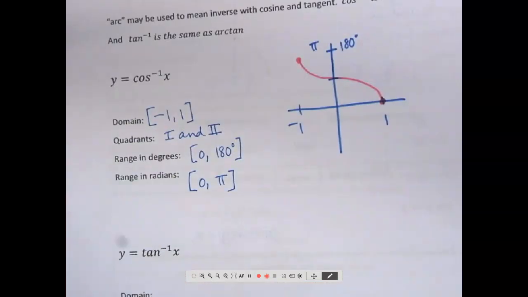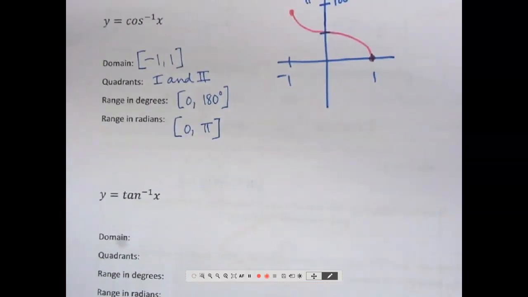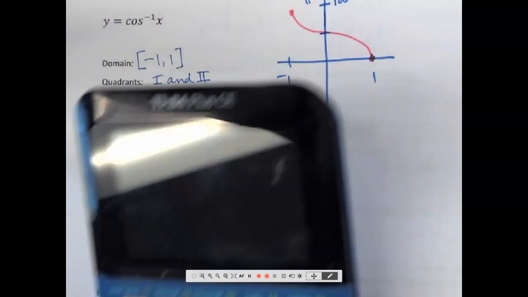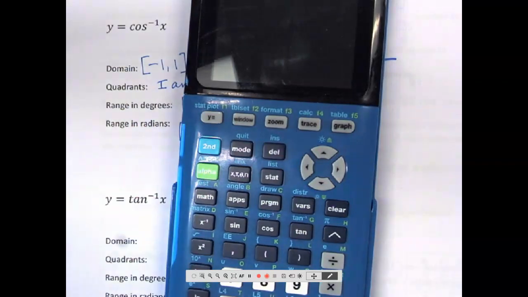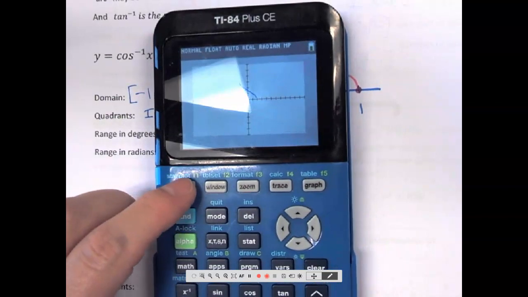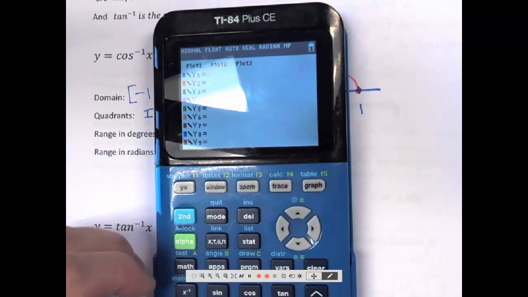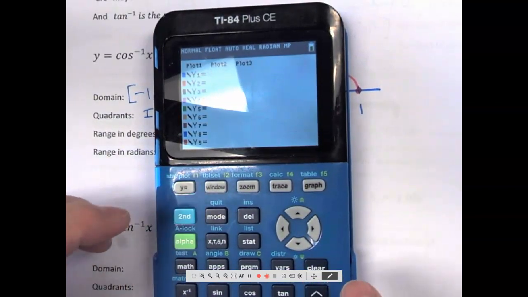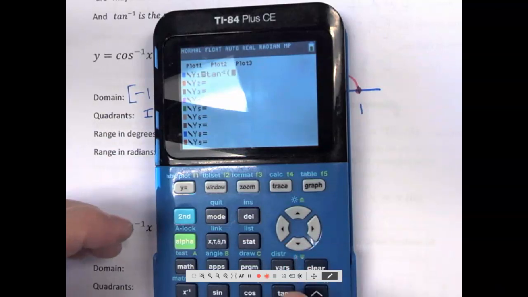Okay. All right, let's go ahead and look at tangent inverse. What did tangent look like yesterday? The repeated cubic curves, remember? Okay, so what's going to happen if we switch domain and range on that? Any guesses? It'll be like going this way.